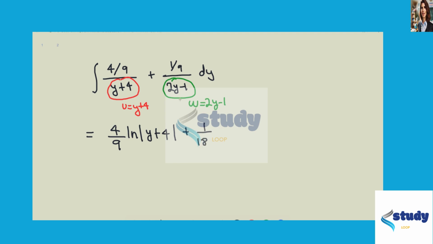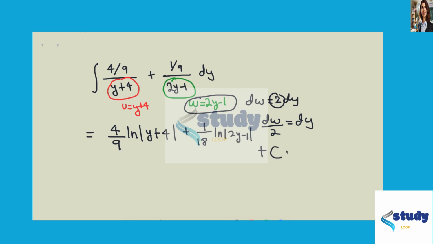So this extra factor of 2, which you can see comes from the w substitution, dw equals 2 dy, is why we have to divide by 2. And so we multiply the 2 and the 9 together to get 18. Then we have natural log of 2y minus 1. And finally, don't forget that constant of integration c at the very end. And there's our final answer.